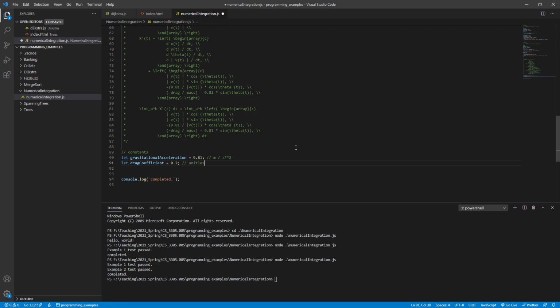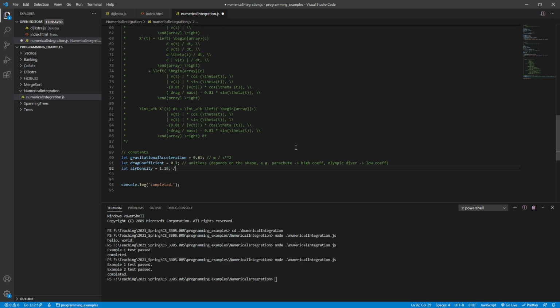So drag is unitless, but it depends on the shape as well. So, for example, a parachute comes with an extremely high drag coefficient, and an Olympic diver would have a very low coefficient.